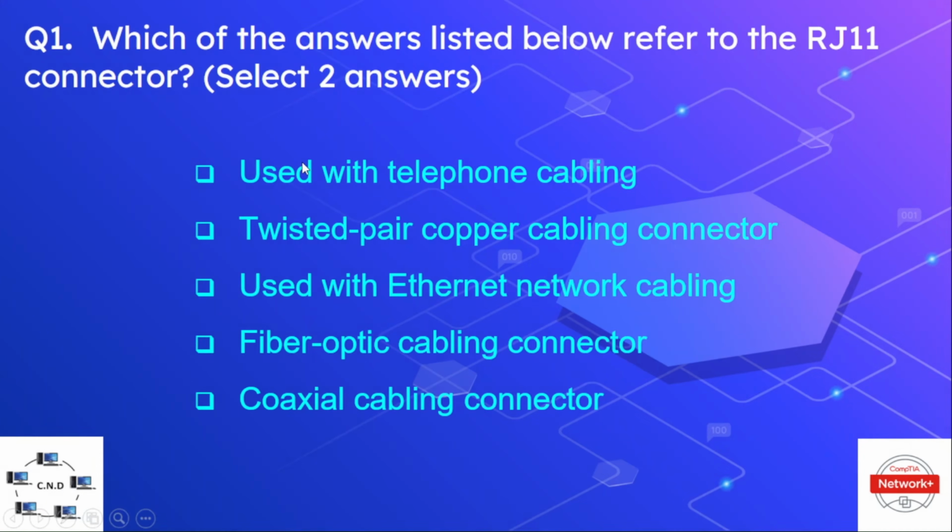So question number one is, which of the answers listed below refers to the RJ11 connector? We have to select two answers and the options are: used with telephone cabling, twisted pair copper cabling connector, used with Ethernet network cabling, fiber optic cabling connector, or coaxial cabling connector.